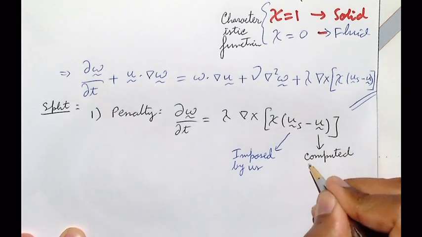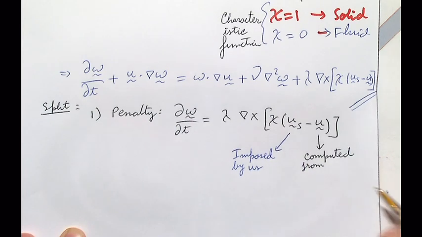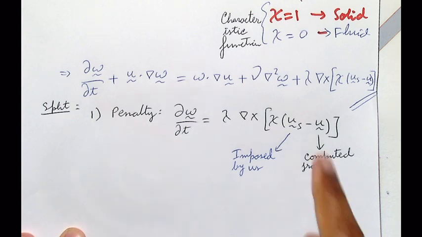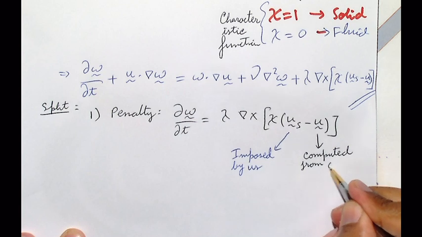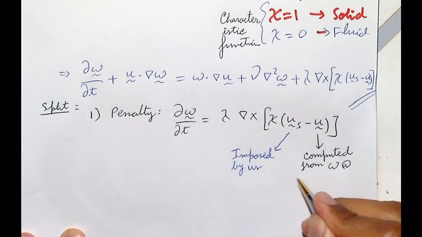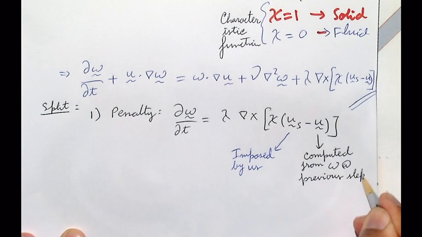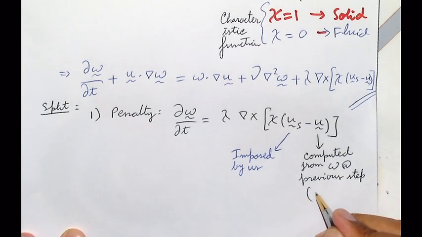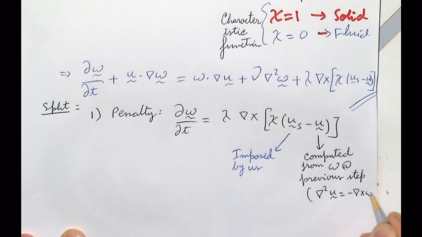How is it computed? We're solving the omega equation, so you don't have the u, right? So we can compute this from the omega at the previous time step using, what was it, nabla squared u equal minus nabla cross omega^n.